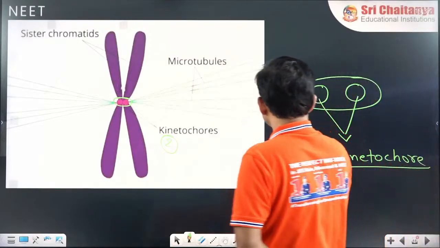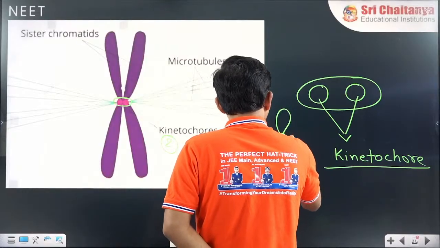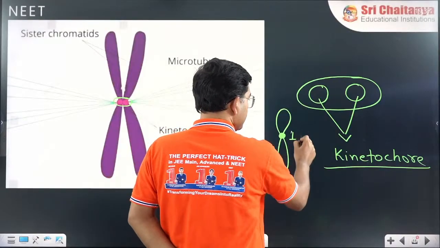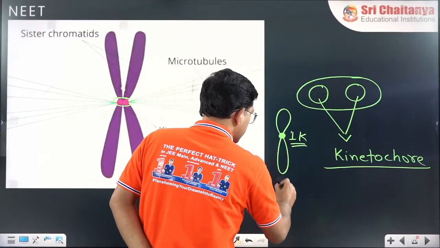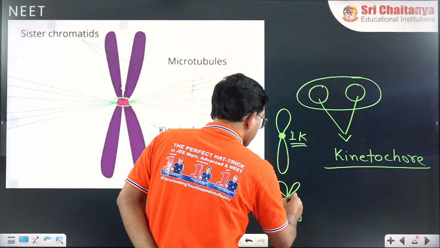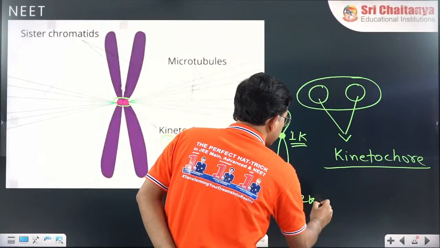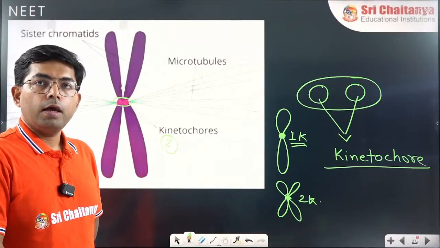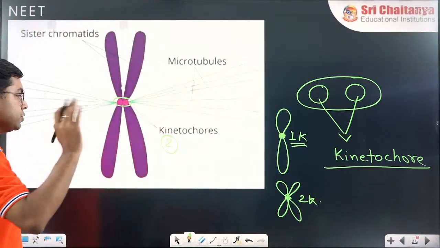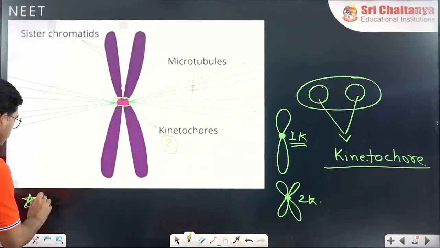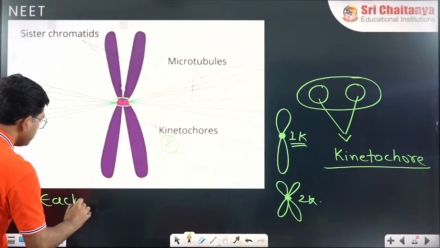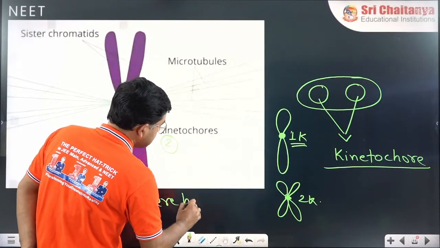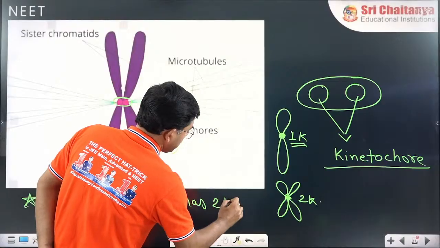In general, if I say each centromere has two kinetochores, that is correct. But if I say this diagram, here how many kinetochores? You will say only one kinetochore. Here how many? You will say two kinetochores. Two chromatids, two kinetochores. But in general, as a statement, you will say each centromere has two kinetochores.